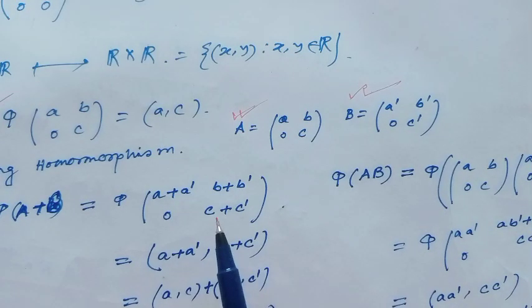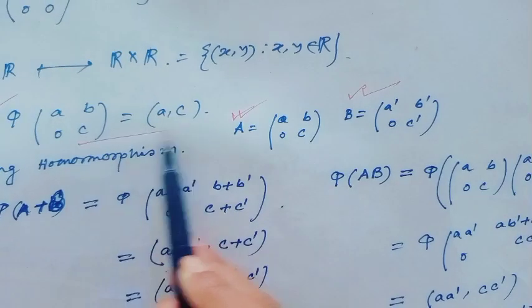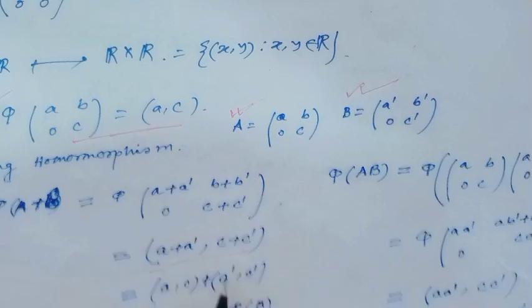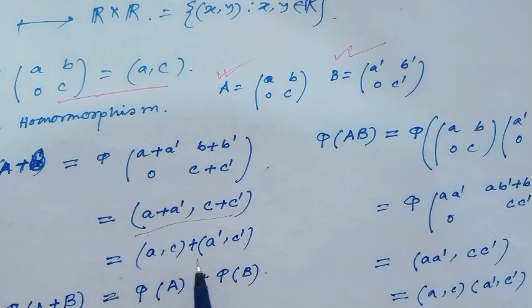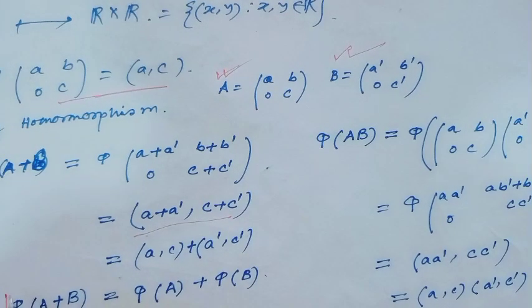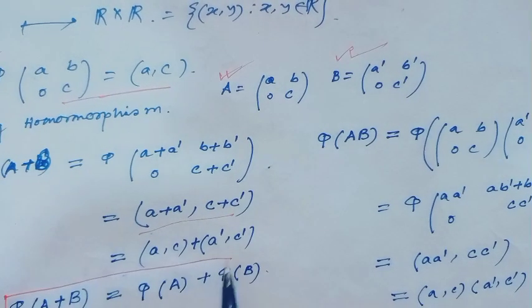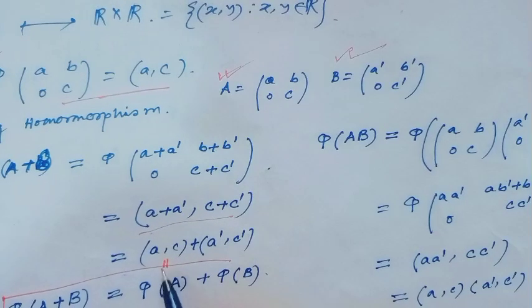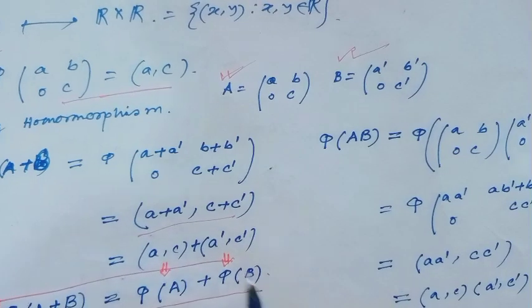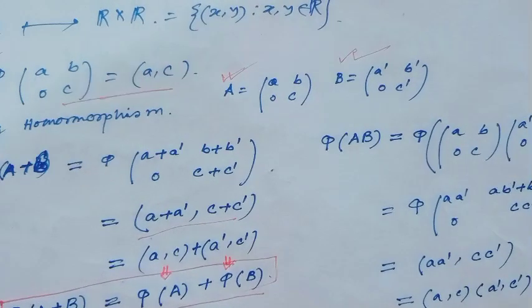By the construction of the mapping, this is equal to (a plus a dash, c plus c dash), which means this is equal to (a, c) plus (a dash, c dash). Therefore phi of A plus B equals phi of A plus phi of B.